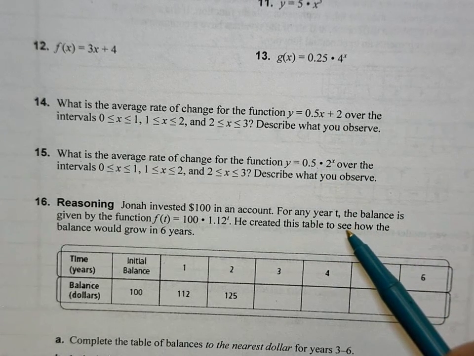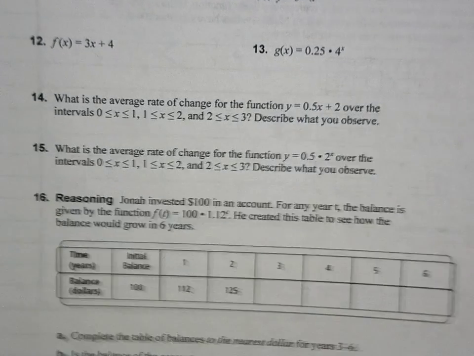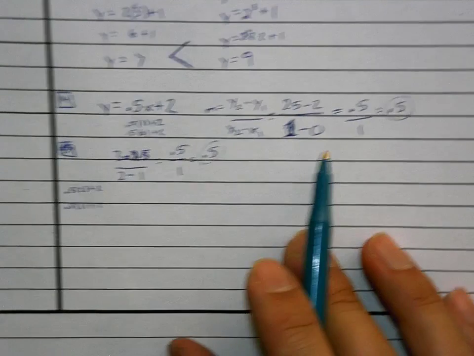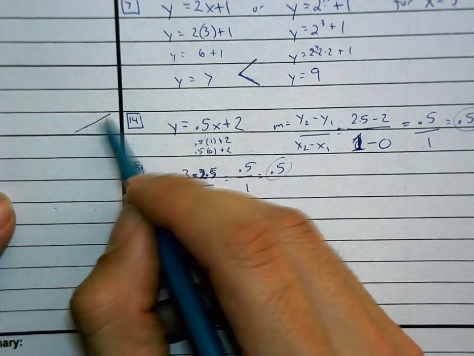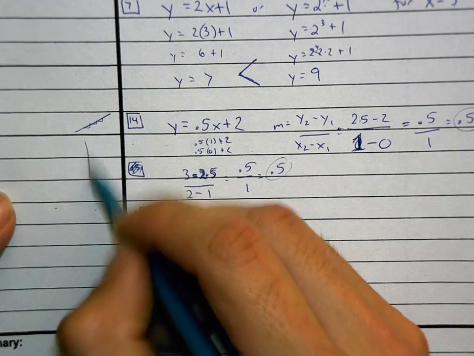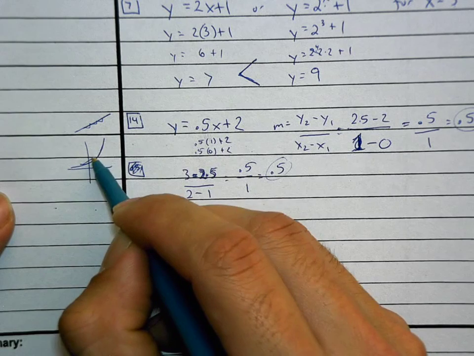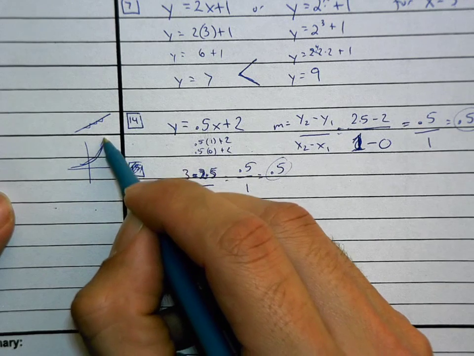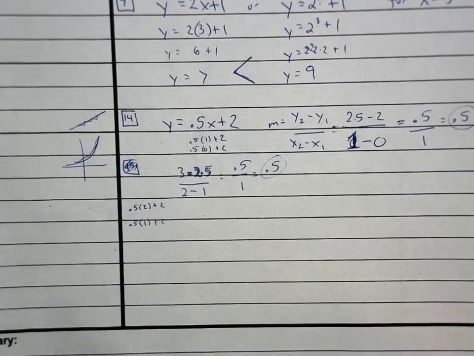I'm going to give you a hint: I'm giving you a picture of what we're doing on 14 and 15. For one of these, the rate of change is going to be the same, but for the other, the rate of change will be different between the intervals. You're not going to be able to tell until you mathematically figure it out.